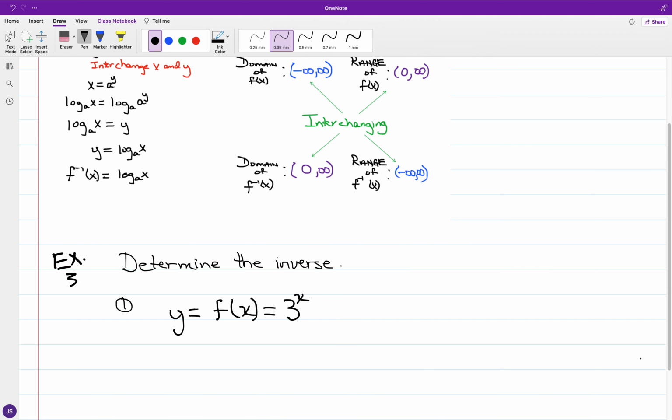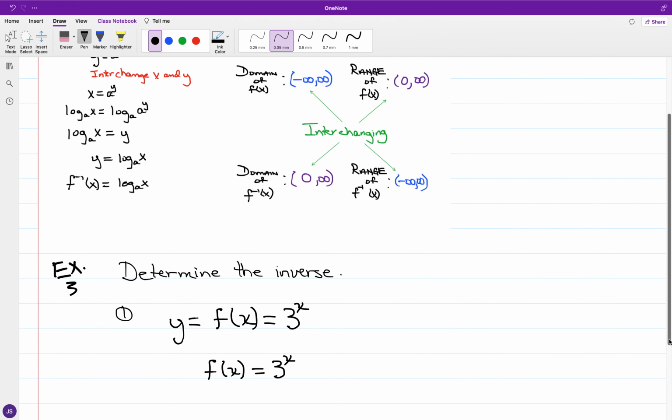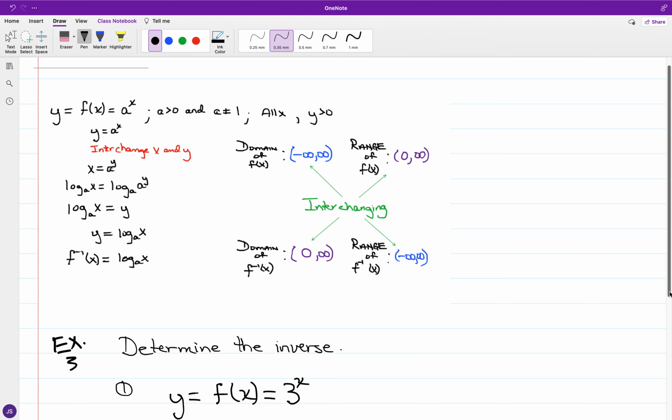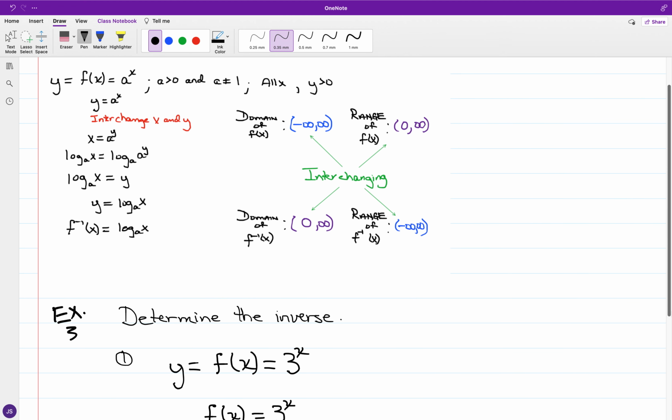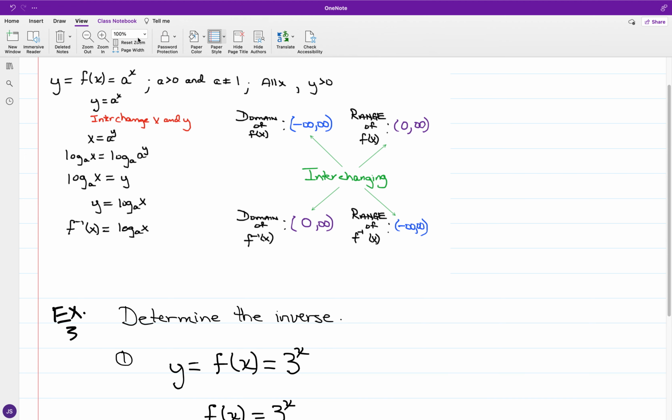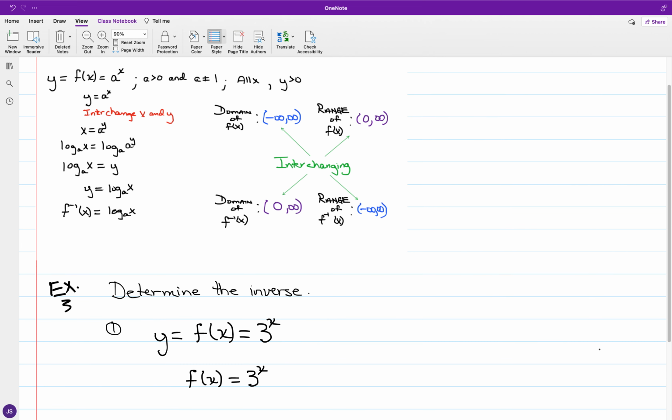Now, some things to start out with. We have f of x is equal to 3 to the x, so we have a single exponential term, in the format of y is equal to a to the x. Your a value is 3, it is positive, and it does not equal 1.